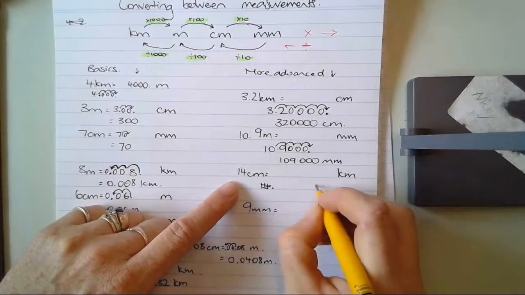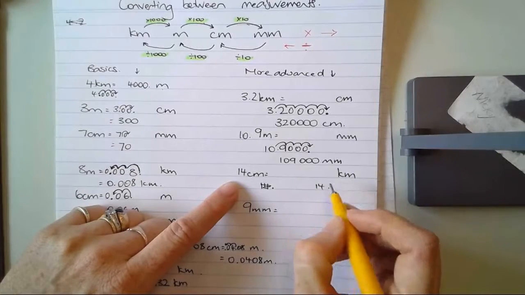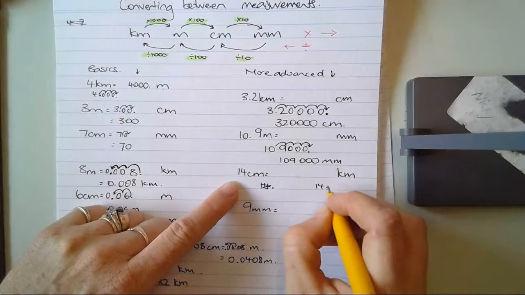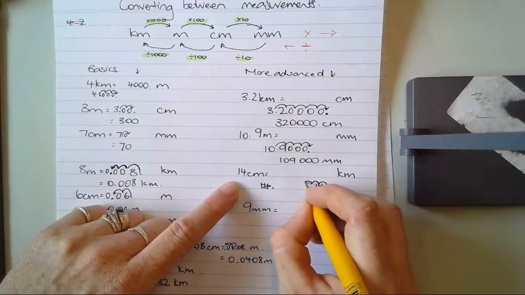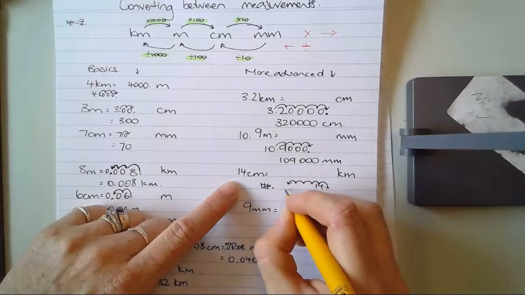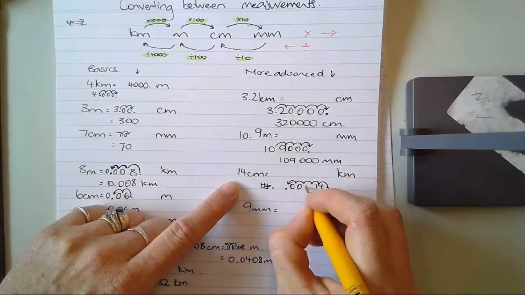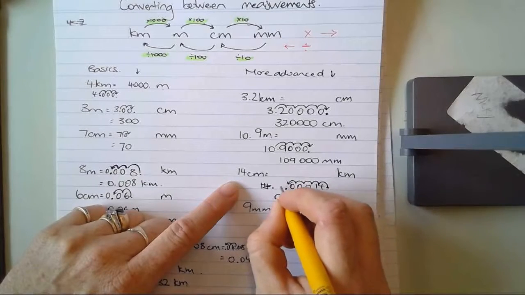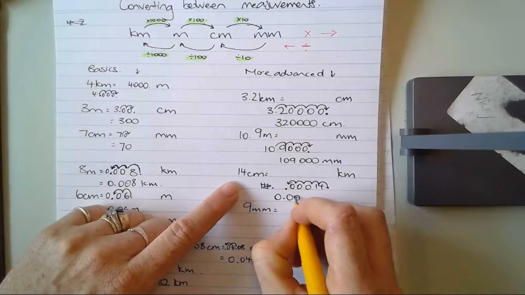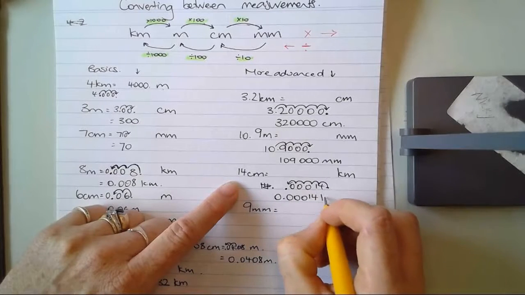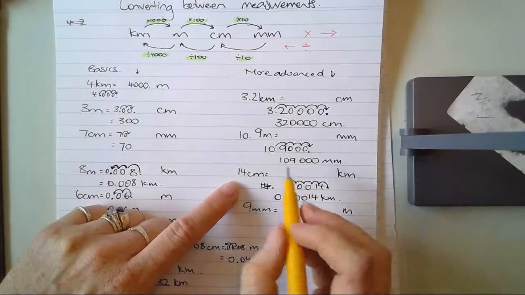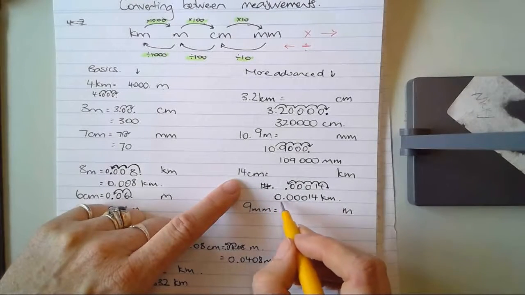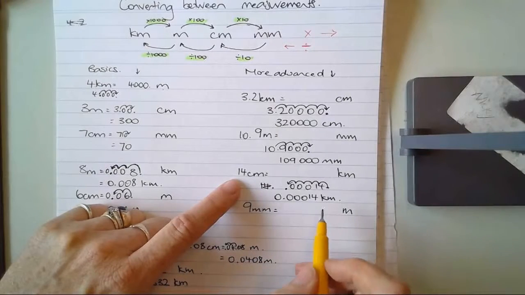I'm going this way because I'm dividing, 2, 3, 4, 5 places. 1, 2, 3, 4, 5, decimal point, and because this number is less than 1 and there's nothing out the front here, we put a 0 there as well. That 14 centimeters is not even 1 meter, so that's the correct answer. It's going to be a really small number for that question.